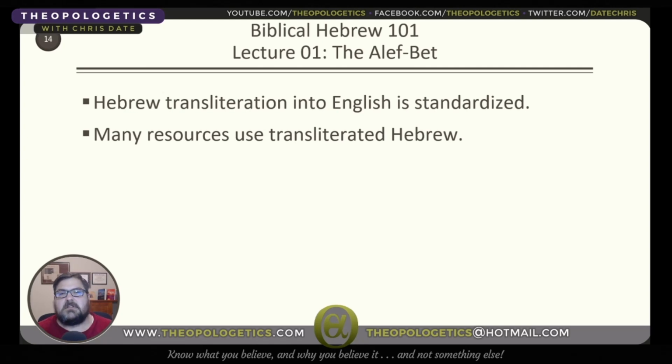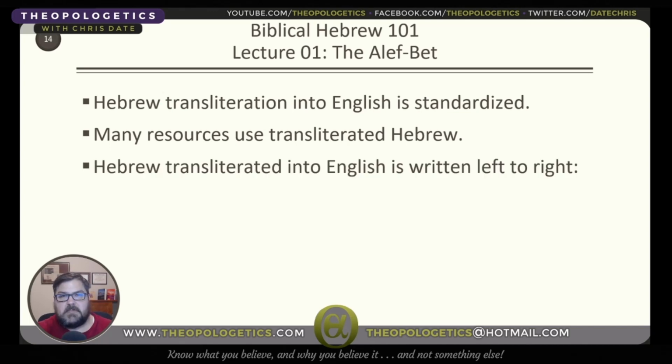And so it's important to learn, as you're learning the Hebrew Alef-Bet, how to transliterate those consonants into English in the standardized way. And that way, when you're reading these resources that use transliterated Hebrew rather than the Hebrew script itself, you'll be able to recognize what the actual Hebrew is more easily than if you're not familiar with the transliteration.